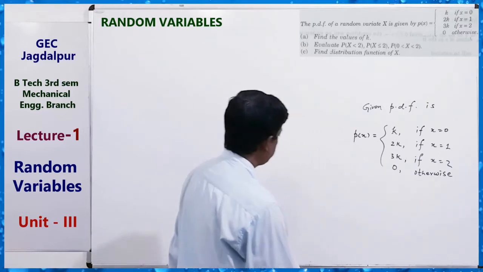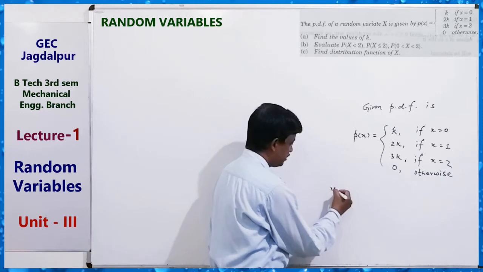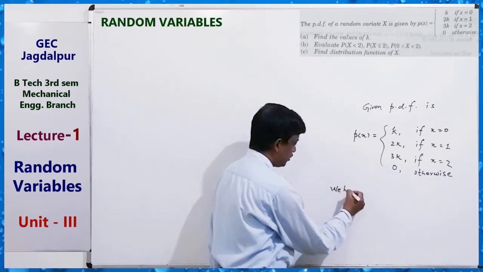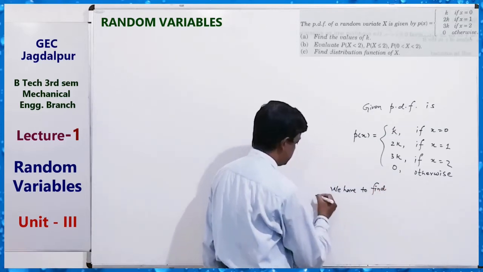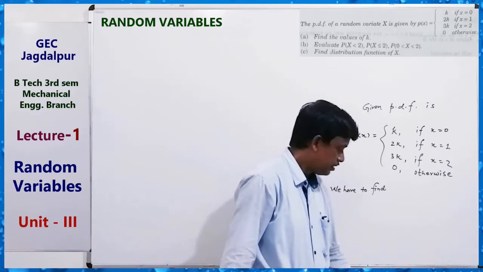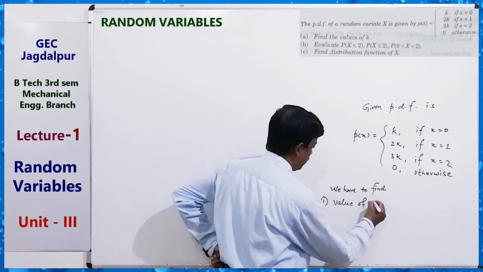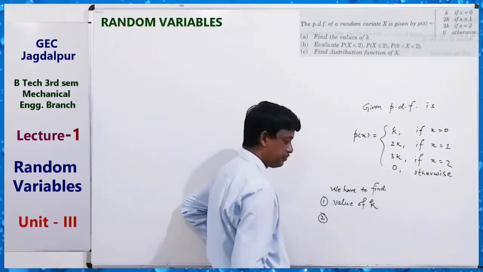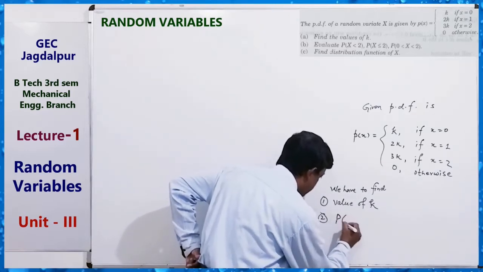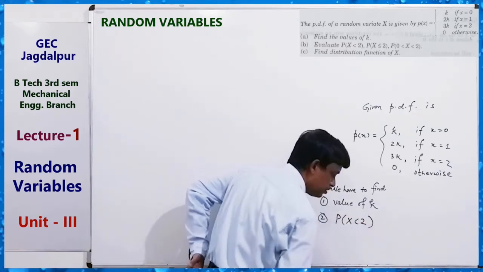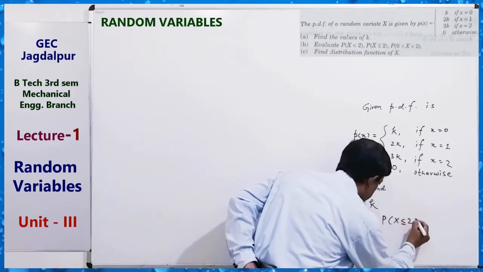Okay, and we have to find, first, the value of k. Second, P(X less than 2) and the other probability asked.